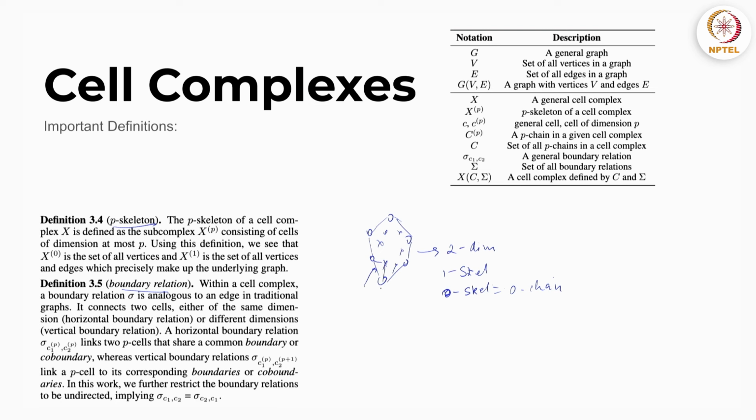Each 0 cell is connected to a 1 cell and other 0 cells, etc. All of these connections that are there in a cell complex, we refer to those as boundary relations. And that's it. They're just the analog of edges. If you want some more information on how we construct them and what bounds we put on them, you can look at the definition, but it's not necessary.